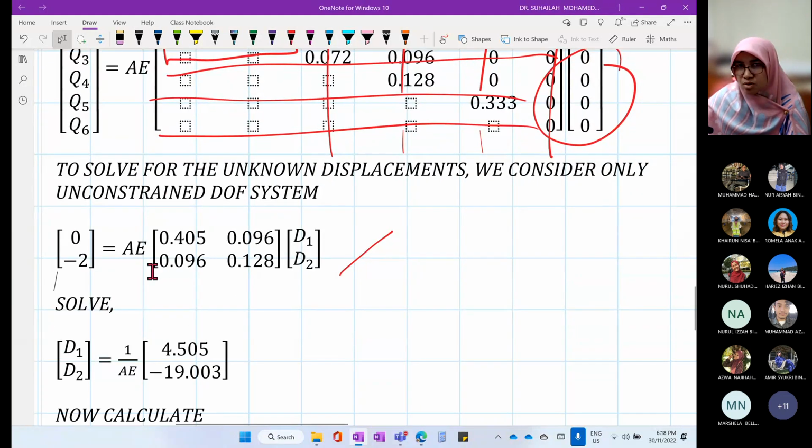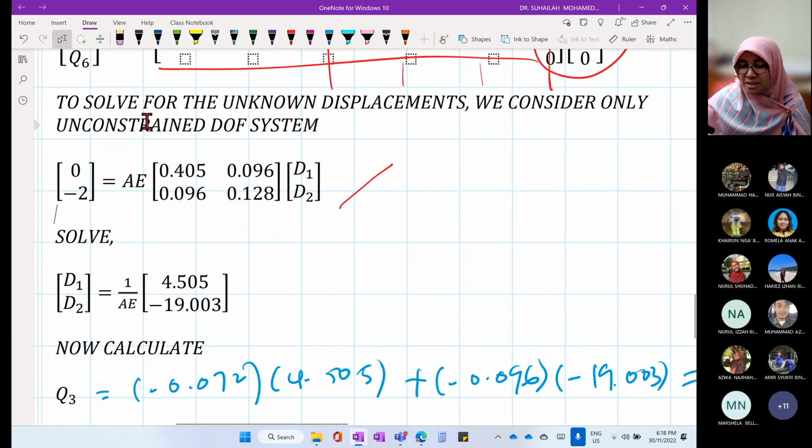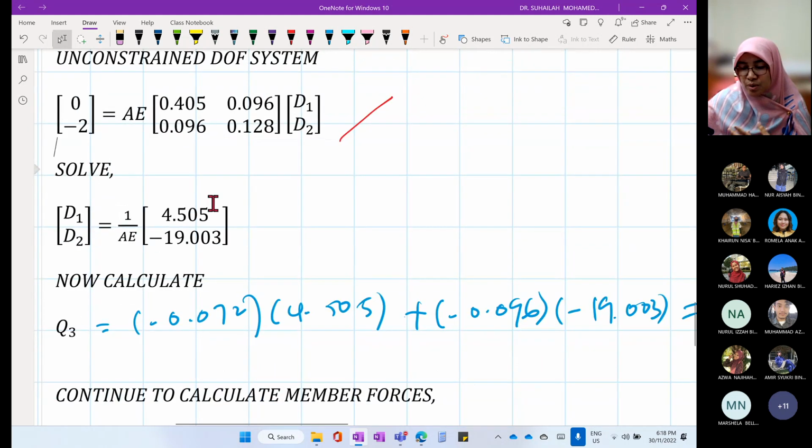In your case also you will have D1 and D2 as unknown displacements. We get a 2 by 2 simultaneous equation, we write it in this form, and when we solve we get like this.